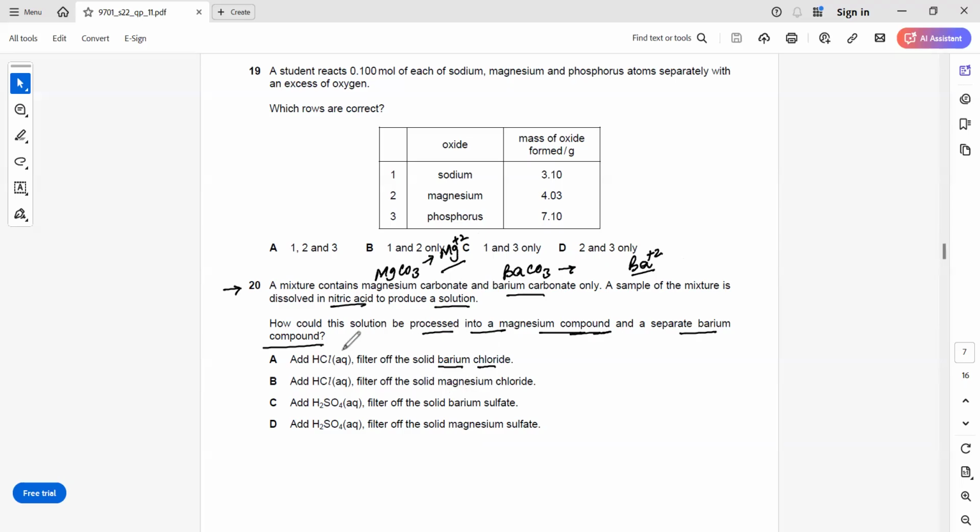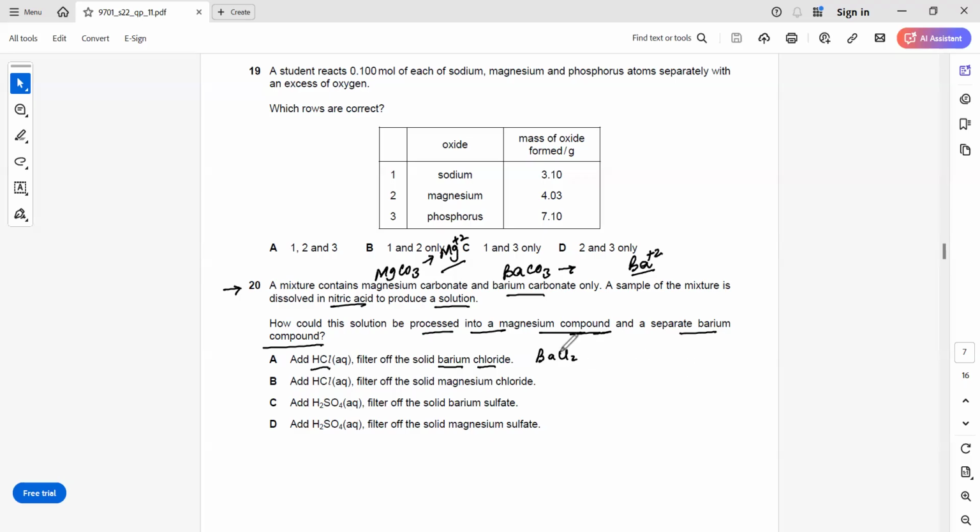When we react this solution with hydrochloric acid, what about barium chloride? We know the solubility principle: all chlorides are soluble except silver, mercury, and lead.